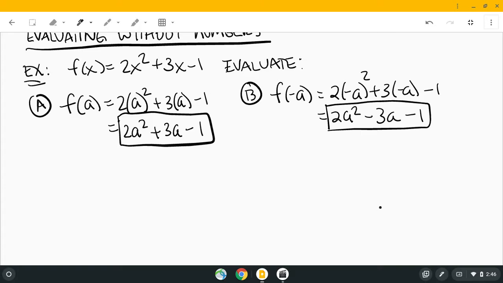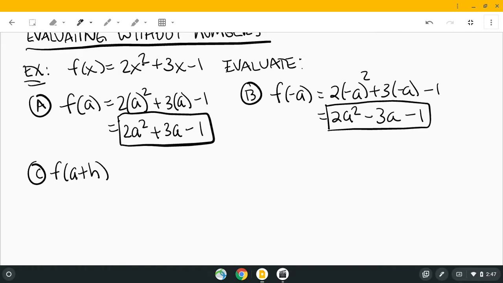Let's try two more. Let's see if you can do this one, and just kind of work that out. You're going to replace all of the x's in this original function, the x here and the x here, with a plus h.